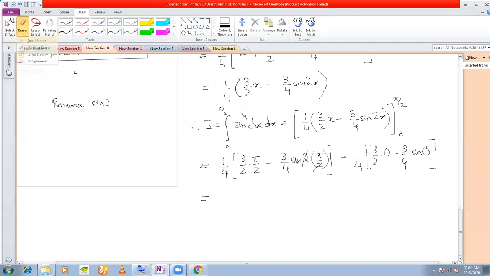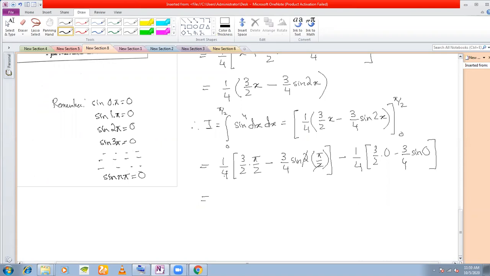In fact, you can remember it this way. Sine 0 into pi is 0. Sine 1 into pi is 0. Sine 2 into pi or 2 pi is 0. Sine 3 pi is 0, and so on. Whatever multiple of pi that you get, you will always get 0. So sine n pi is 0 always.